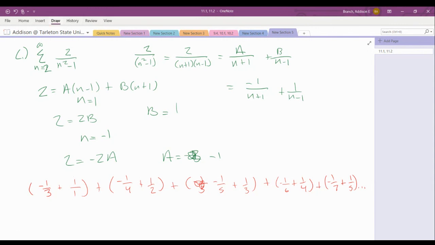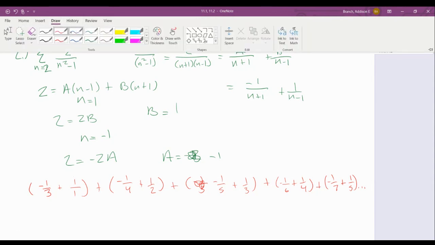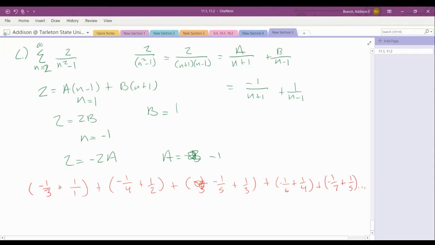But if we look at this, we can see an interesting little pattern here. We have a negative 1/3 right here and a 1/3 right here, so these will cancel out. We have a negative 1/4 and a positive 1/4, so these will cancel out. We have a negative 1/5 and a 1/5 that will cancel out.